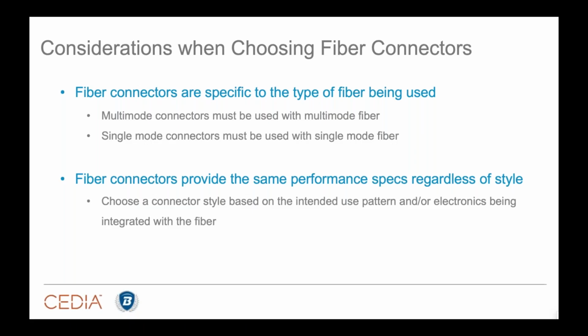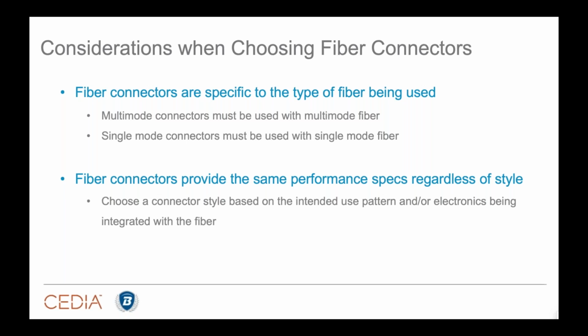But before we actually get into the heart of the conversation, let's cover a little bit of information. First, there are some considerations when choosing fiber optic connectors. A lot of people think a connector is a connector, and while they have similar performance and function, there are some things you need to keep in mind. First of all, fiber connectors are specific to the type of fiber cabling you're using.